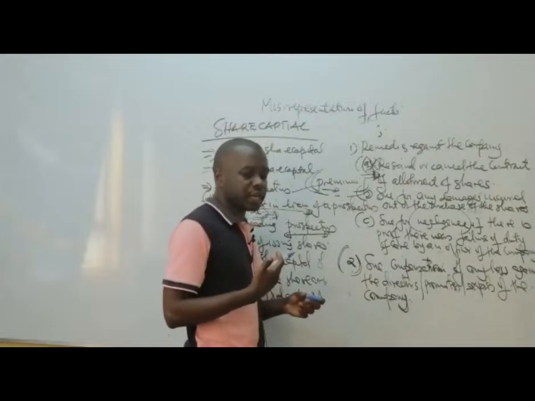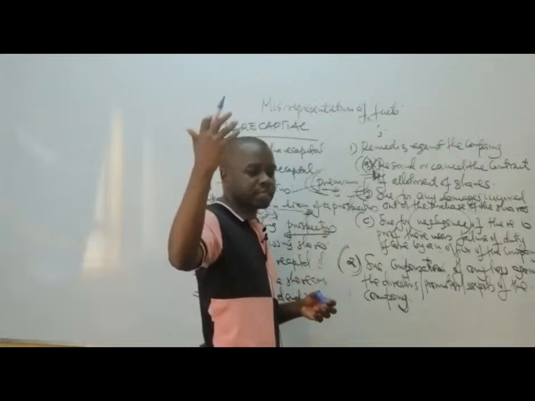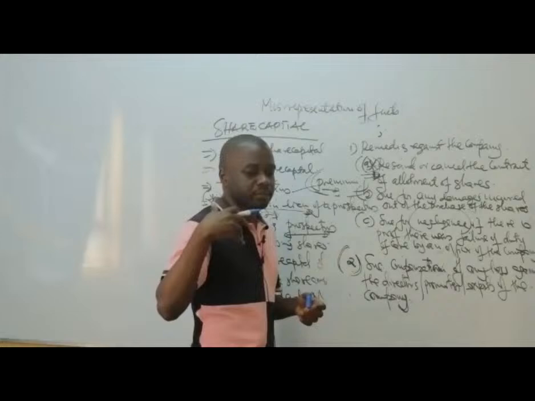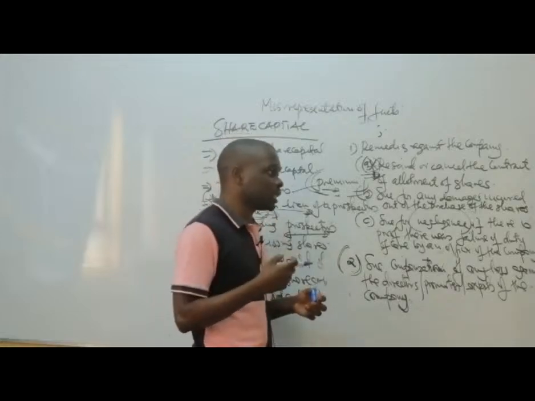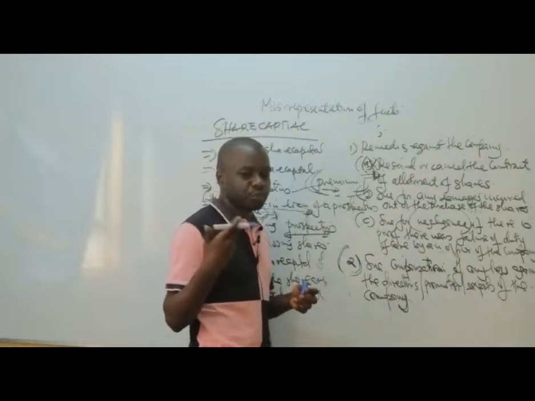So she cannot come later on and claim that those shares I had bought initially, before I transferred them, I bought them as a result of a misleading prospectus, therefore I want to cancel the contract of allotment, because you've already lost membership to Purity.